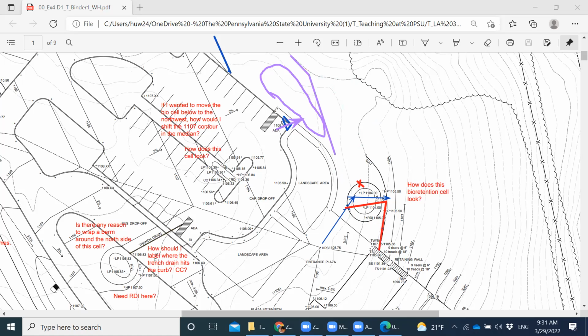Maybe what we should do is for this to wrap around like this, and that makes sure this is, and then there is a 1105. And then you have higher elevation there. So 1105 would wrap around like that to form that berm.